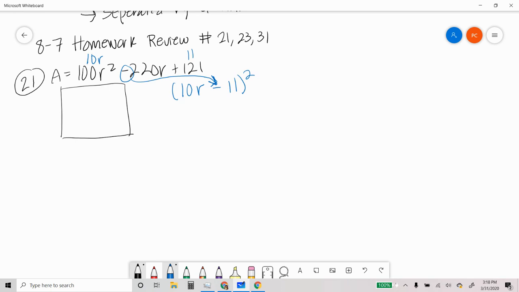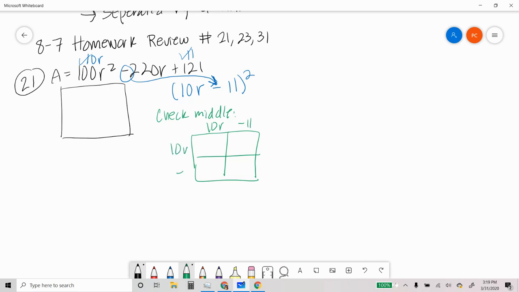Now, we know that the first term and the last term are going to work, but we still need to check the middle term. In order to check the middle term, we would just multiply it out. So I would do 10r minus 11 times 10r minus 11, because that's really what this means.